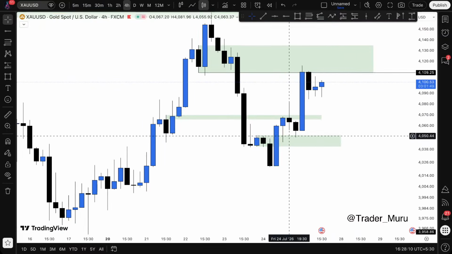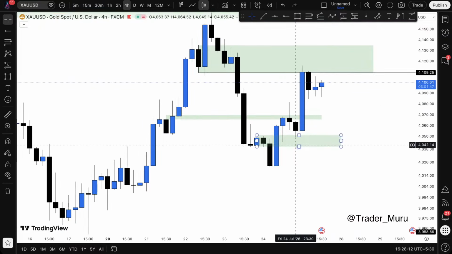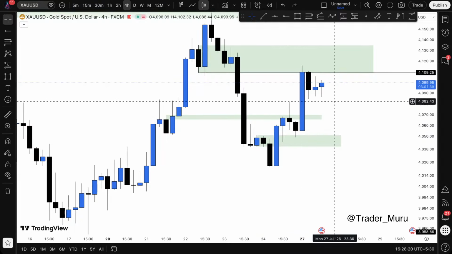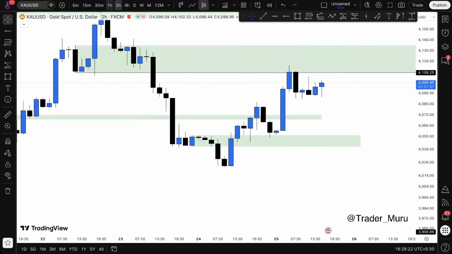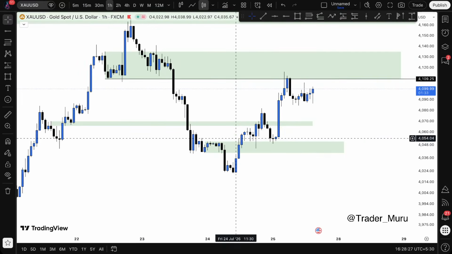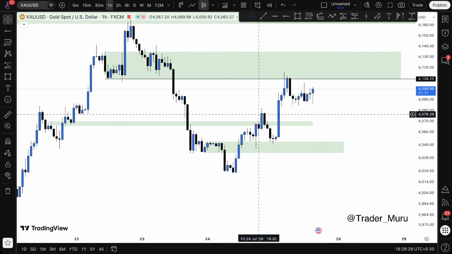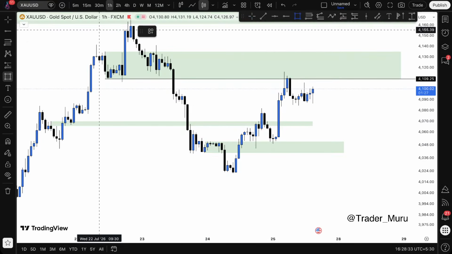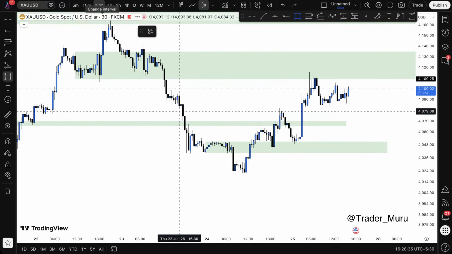We took a long here, we took a short here, and we took long again from here for the target of this area, and we played this full rally on Friday live. So don't tell me you missed these areas. We were talking about this zone, we took this area, and our last area from where we took a short was on a 30-minute supply area.